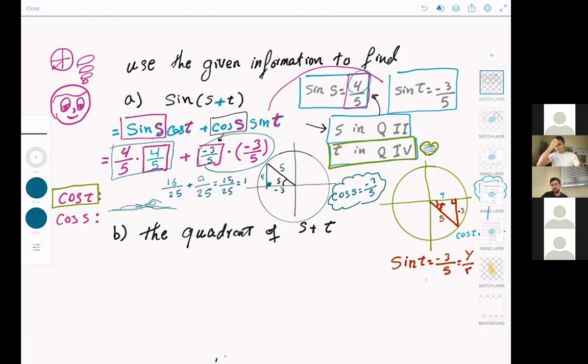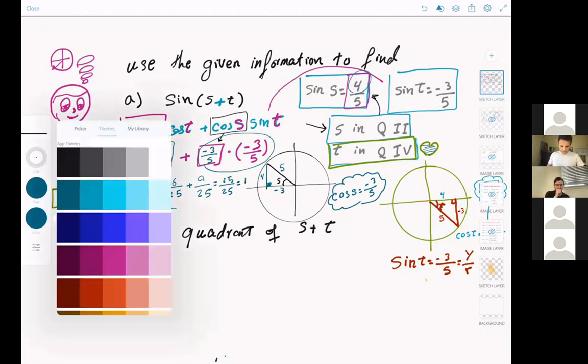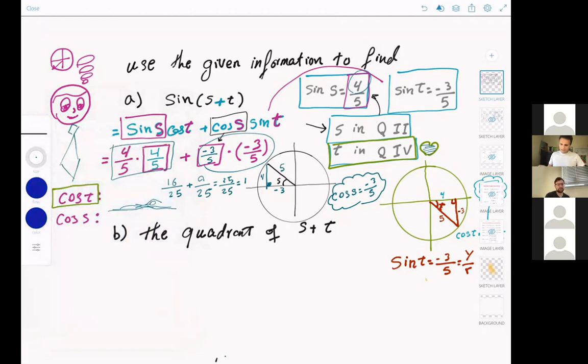This is something that you need to know this semester. In your quiz today, instead of sine, I might ask you tangent of s plus t, so you refer to the tangent formula.